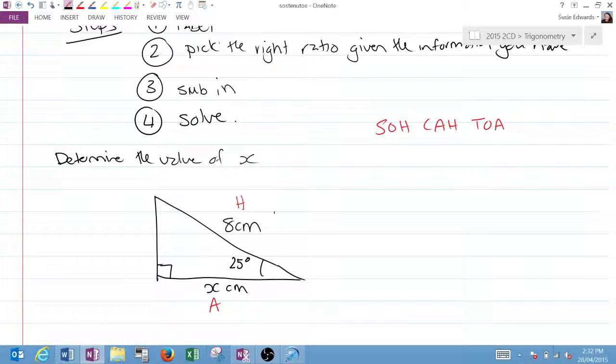So our cosine ratio is cosine angle equals A over H. We've picked our ratio. So we labelled, we picked our ratio, we now sub in cosine 25 equals x over 8.